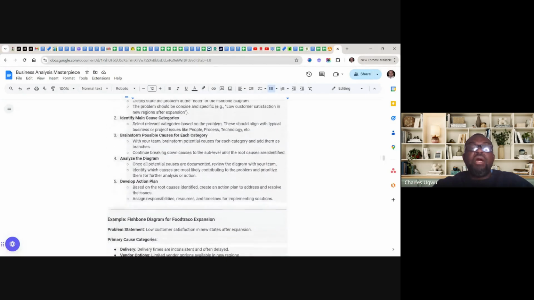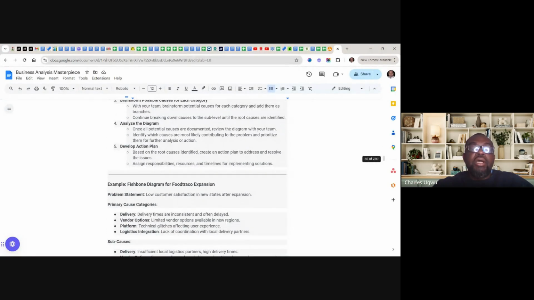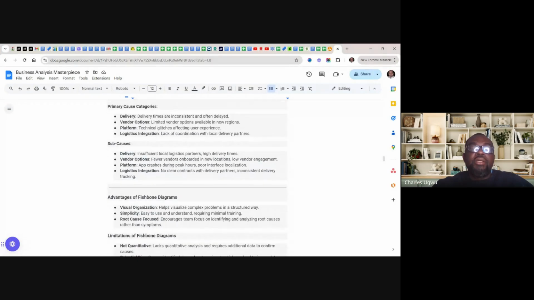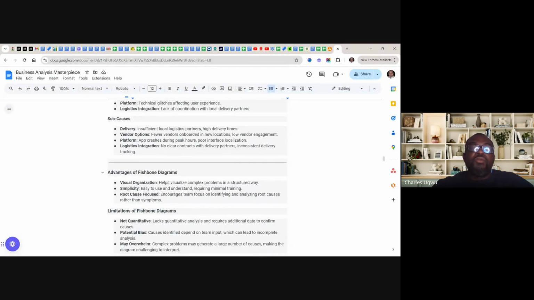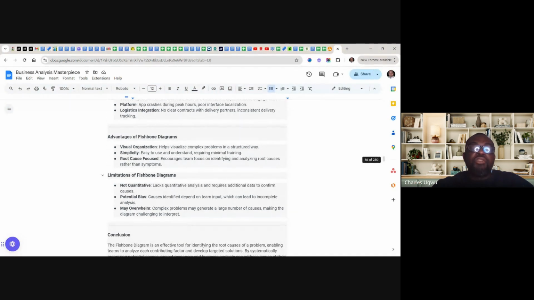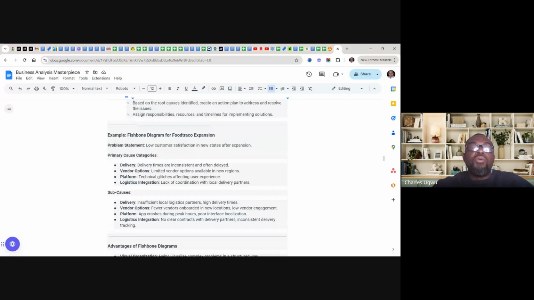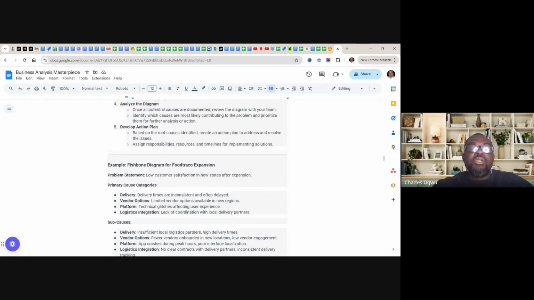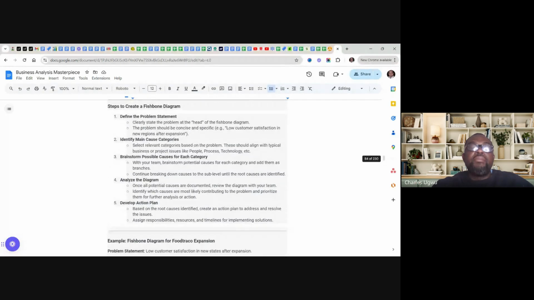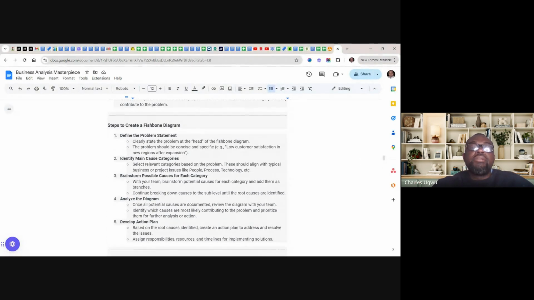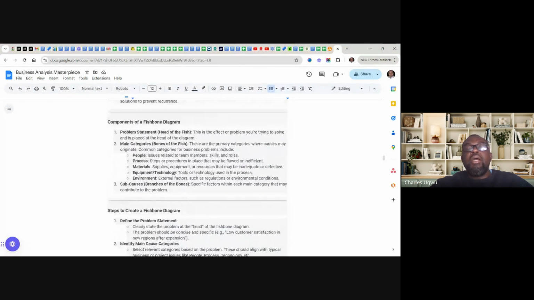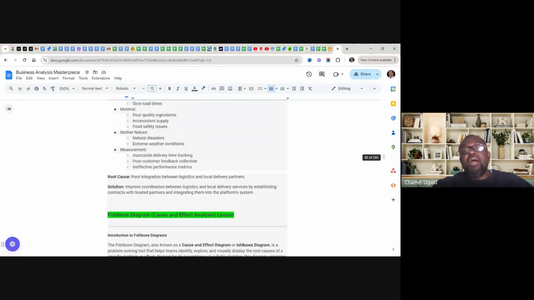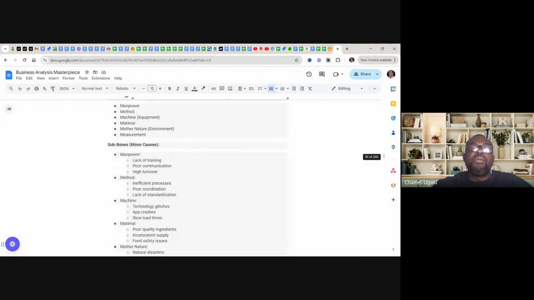You should be able to download it, go through it, and understand the advantages of the fishbone diagram, the limitations of the fishbone diagram, and the main categories and subcategories in a fishbone diagram. So this will help us to really master root cause analysis using the fishbone diagram.